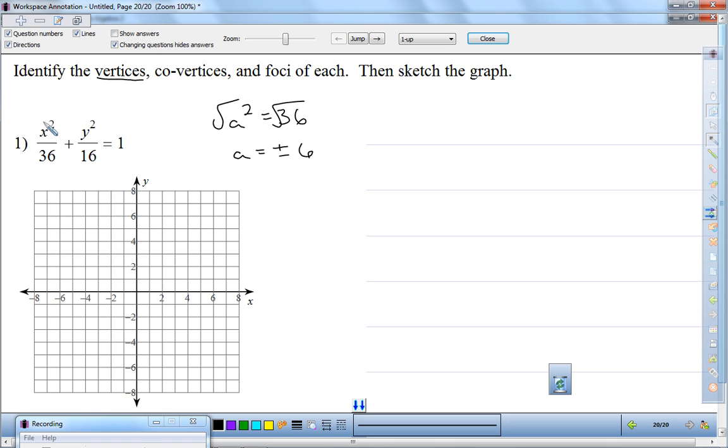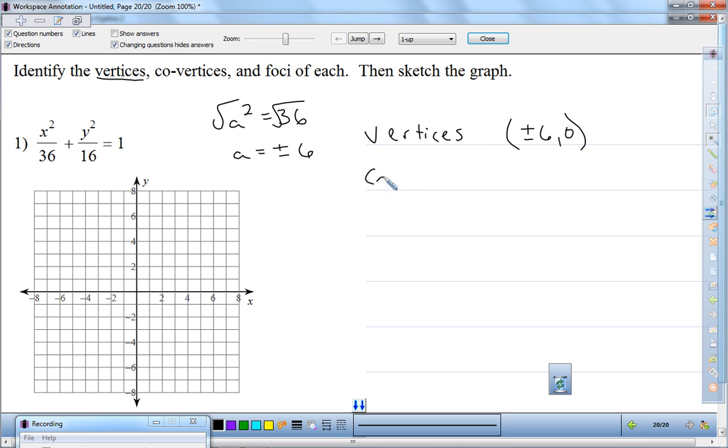Now in this case, we have it underneath x squared, so that means that our vertices will be plus or minus 6, 0. The 0 comes from the fact that we're at the origin and there's no h and k value listed. Alright, so that's our vertices.